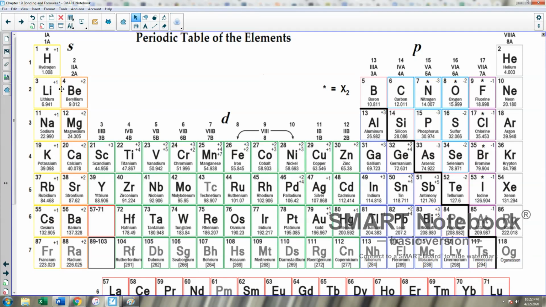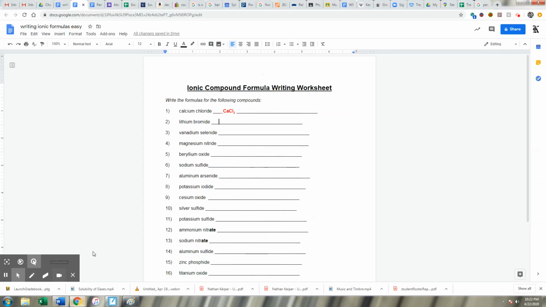Lithium I see is a +1, and bromine is way over here as a -1. So I know that Li has got to be a +1, and Br is a -1. So these are both the same charge, so that's going to be a 1-to-1 ratio. So my answer should be LiBr.